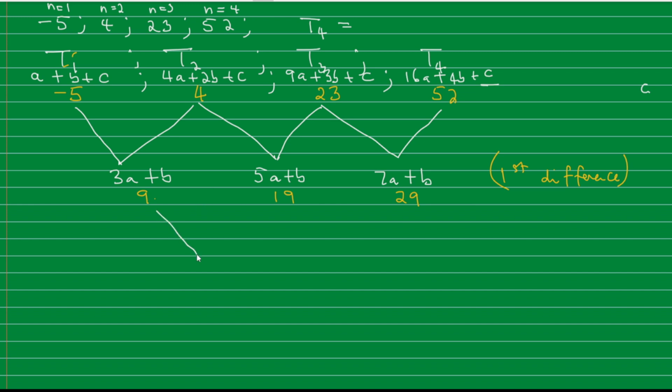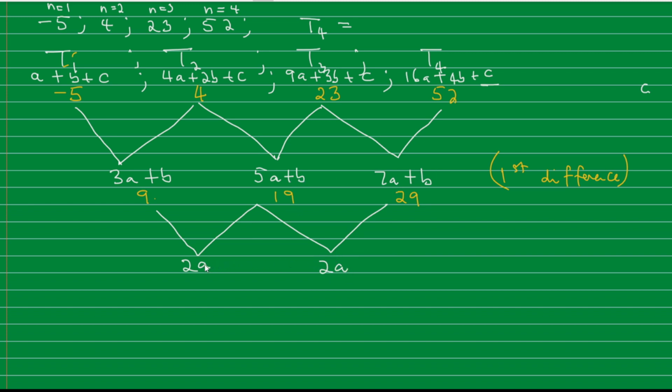Once more, I'm going to subtract the same terms, the general terms. 5a subtract 3a, that is a 2a. b subtract b, there's nothing there, and then we subtract again. 7a subtract 5a, that is a 2a. b subtract b.